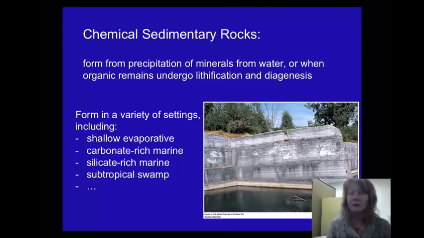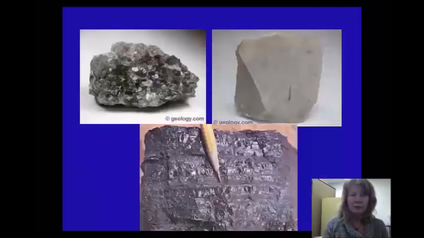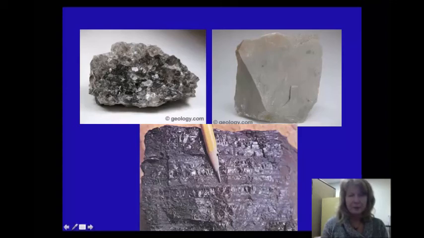The organic material gets preserved, buried and kind of cooked until eventually it becomes a biological or biogenic chemical sedimentary rock. And here's a picture of a few different types of chemical and biogenic sedimentary rocks.